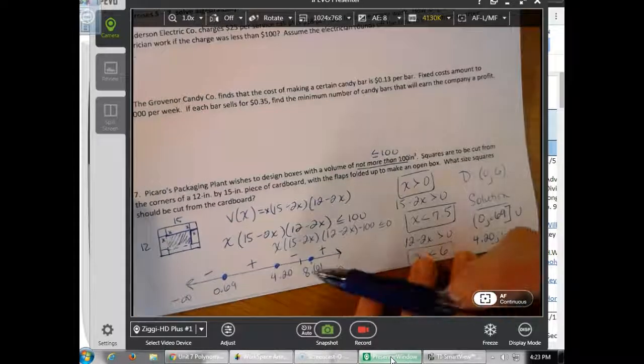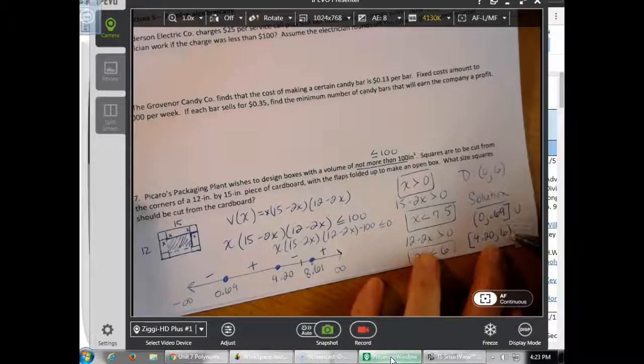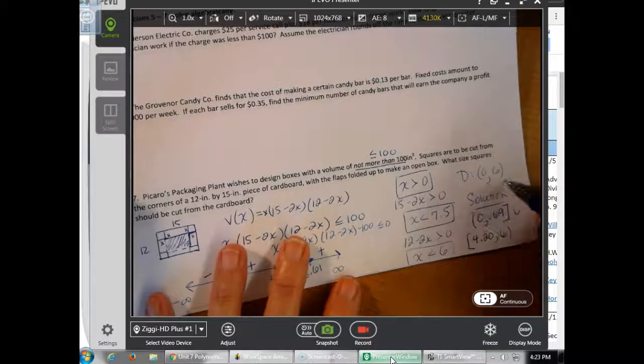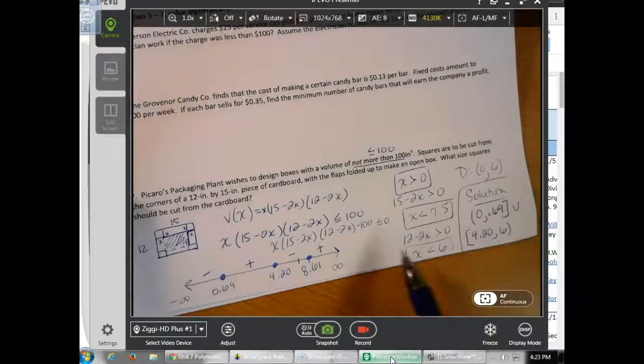And then the 4.20 is in my interval, but this 6 right here is not going to be, because I cannot have a 6 because it would violate that domain restriction right there. So this is actually my answer right here. So any x between 0 up to 0.69 inclusive, or any x from 4.20 inclusive up to 6 is going to give me a volume less than or equal to 100.